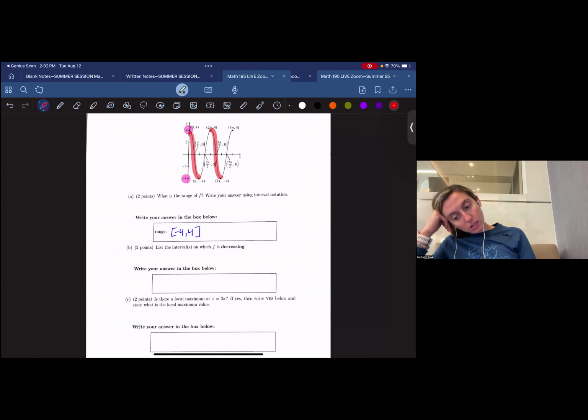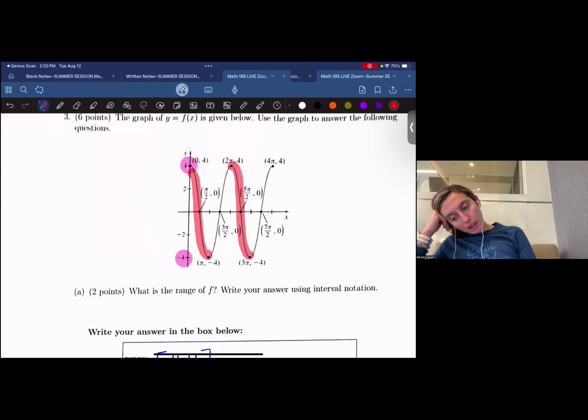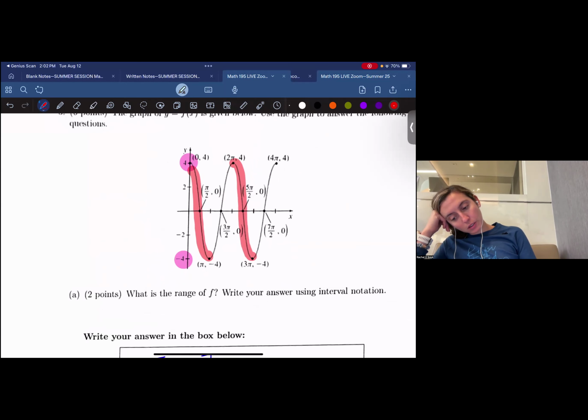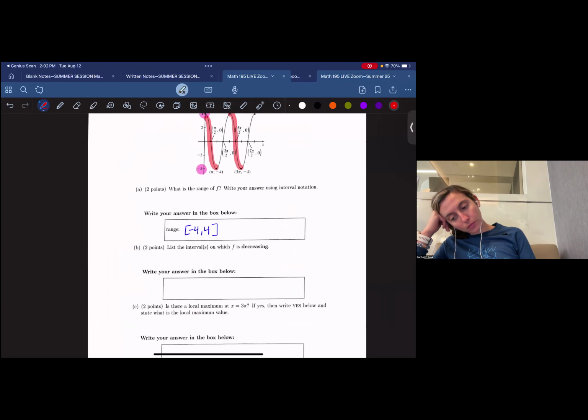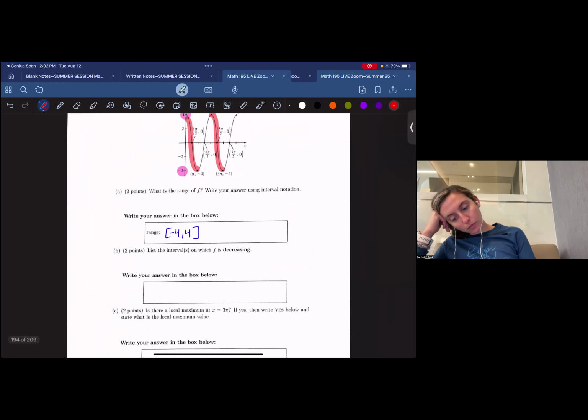So how do we write this? We are looking at all values from 0 to, what value is this? Pi. And from 2 pi to 5 pi over 2. And we have to pi.